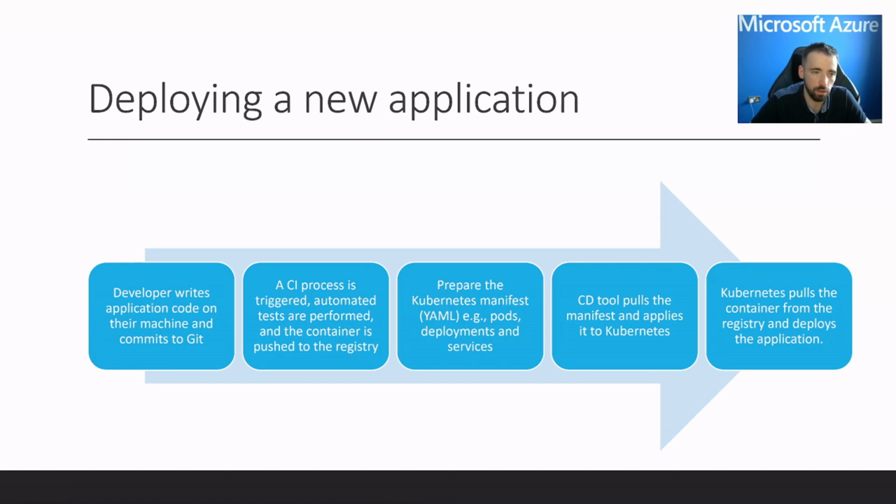I'm going to get into pods more deeply in a second and more of those components. But ultimately, it's a YAML file specific to Kubernetes that tells Kubernetes how to deploy this application. The CD tool would then pull the manifest for the Kubernetes, connect to Kubernetes and apply the manifest. And finally, after that's been applied, Kubernetes would pull our container from the registry as per what's in the manifest and deploy the application.